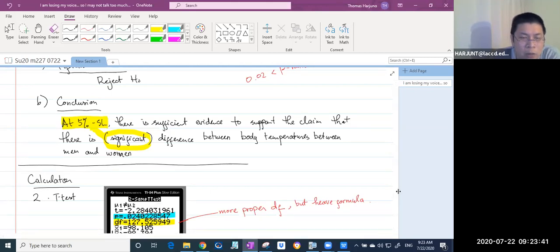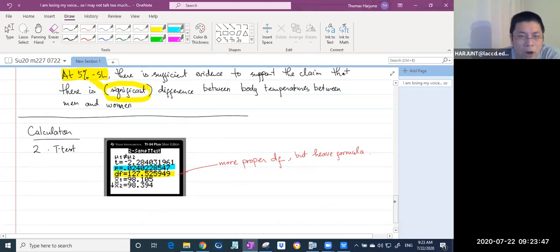Are they close? Yes, of course they are close. But it doesn't matter how close or how different they are. What is important is we come up with the same conclusion, that we reject the null hypothesis.